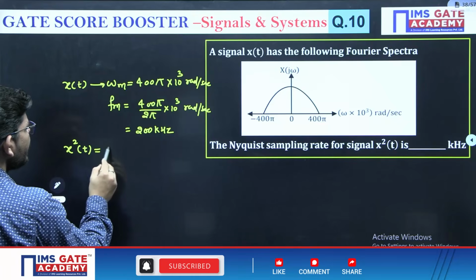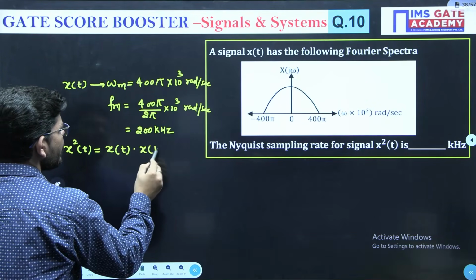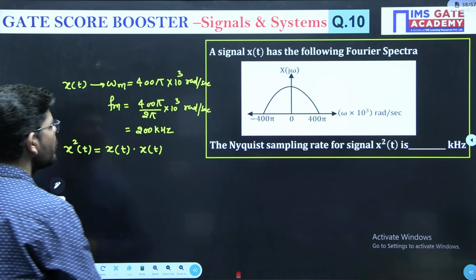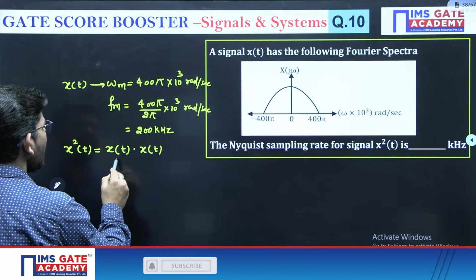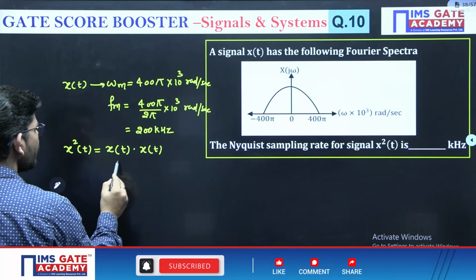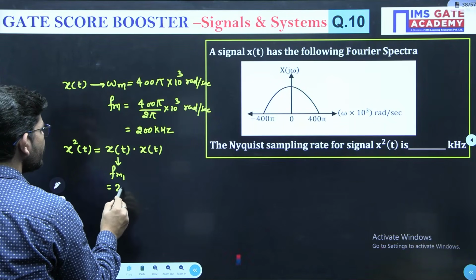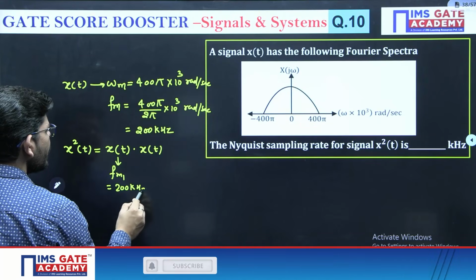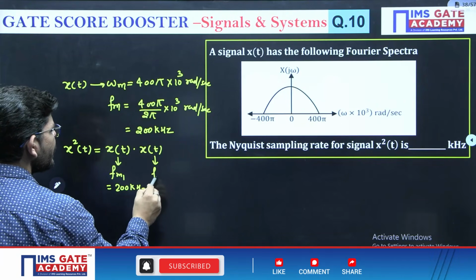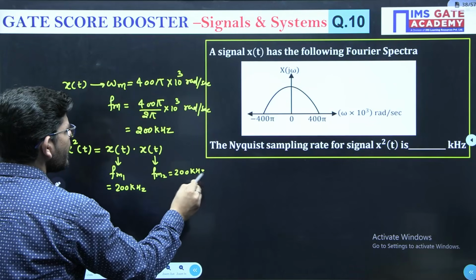X square t is also x of t into x of t, right? When we have multiplication, this has maximum frequency f of m1 which is 200 kilohertz. This has frequency f of m2 which is 200 kilohertz, right?